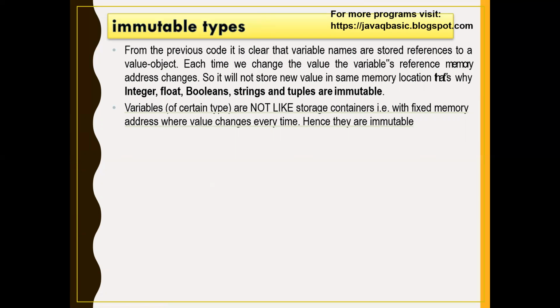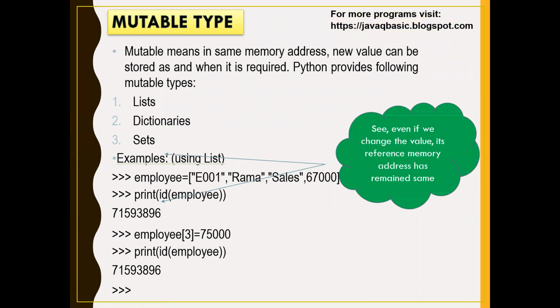Variables are not like storage containers with a fixed memory address where the value can change every time. Hence they are immutable. Now mutable means in the same memory address a new value can be stored as and when it is required. Python provides the following mutable types: list, dictionaries and sets.